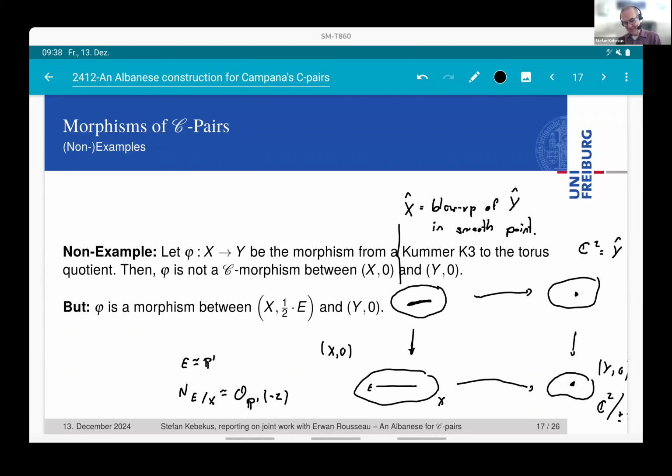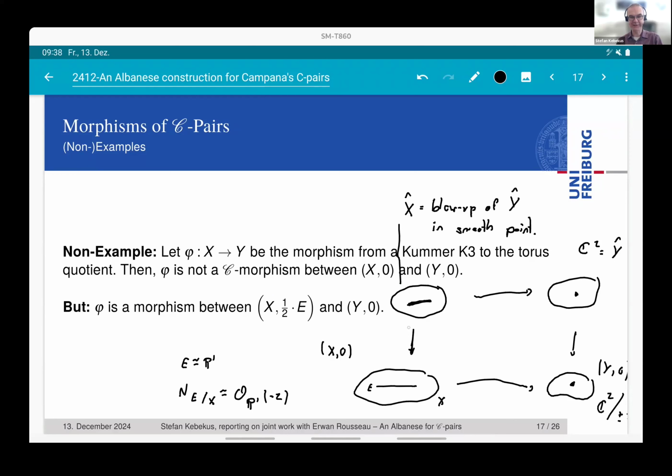So if I ask myself, is this a morphism of C pairs? I'm asking, is it true that any adapted differential on y hat, that is any differential, pulls back to a differential on x hat that's adapted over x?